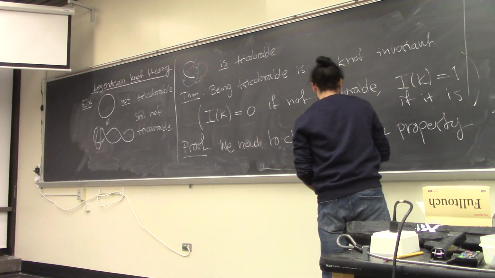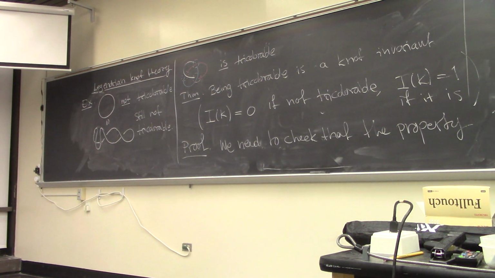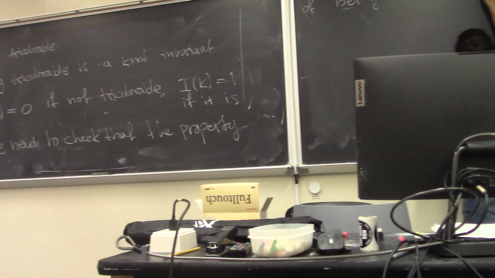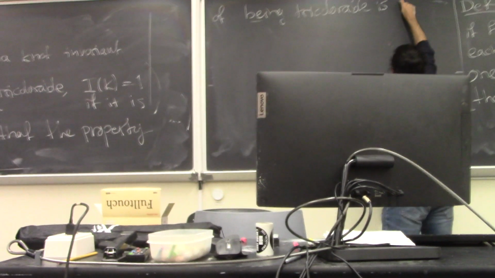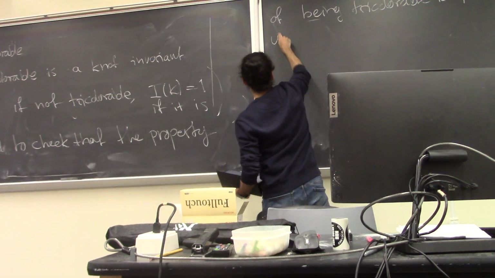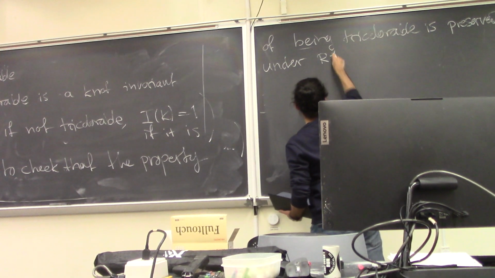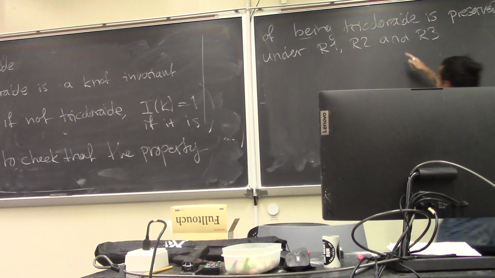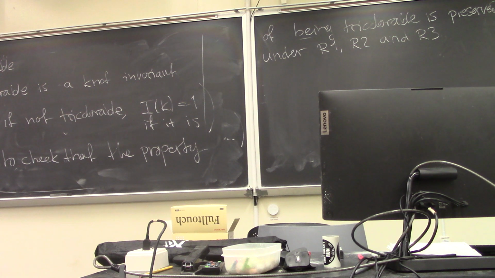So we need to check that the property of being tricolorable is preserved. I use the shorthand R123 for the Reidemeister moves. Okay.